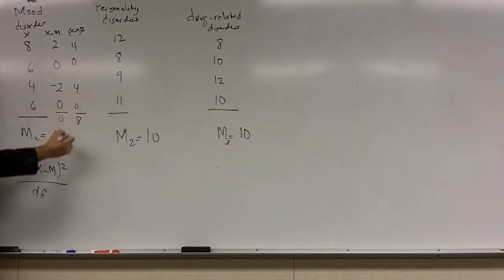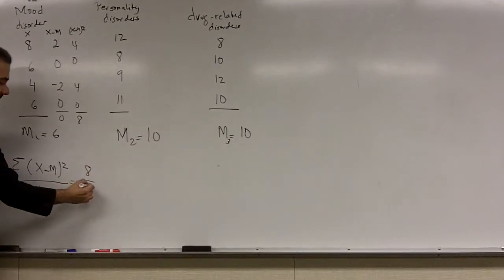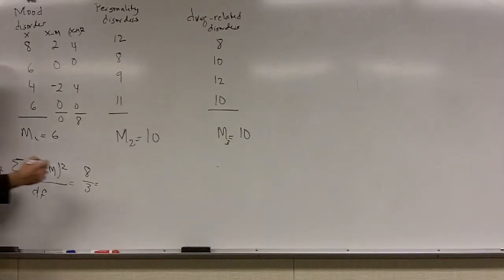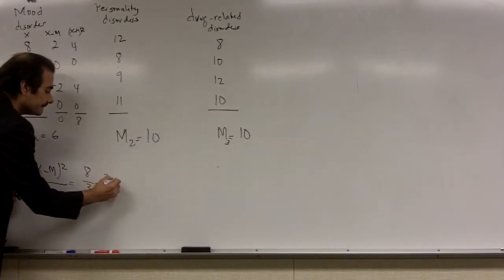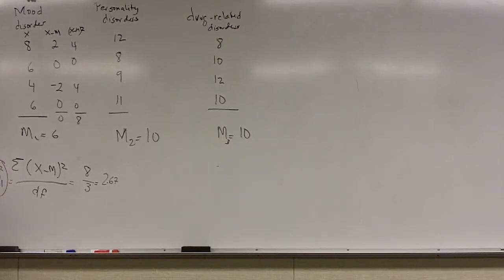So the sum of squared deviations is 8 over 3. Very good. So for the first one, s squared 1 is 8 over 3, which is 2.67. Everybody got that? S squared 1 is the variance of the first one.